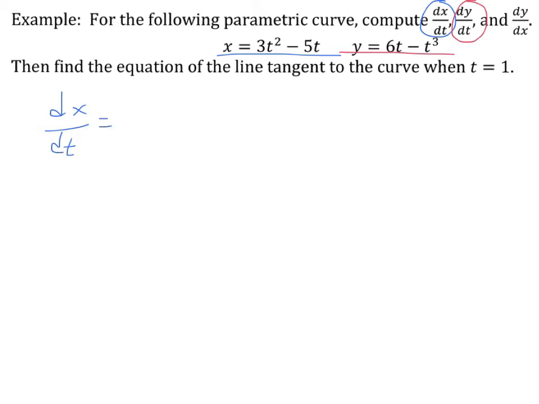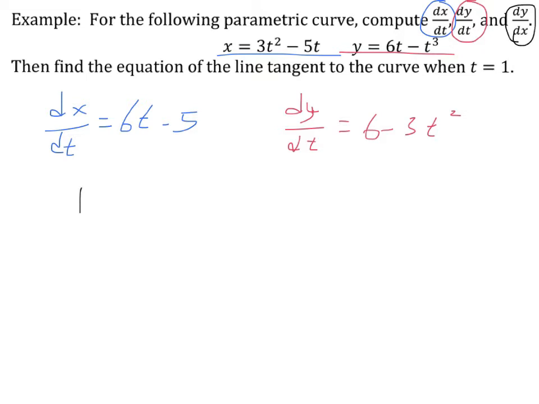So dx/dt, you should have gotten 6t minus 5. And then dy/dt is 6 minus 3t squared. So great, there they are. Those are dx/dt and dy/dt. Okay. Next up, we need to find dy/dx.